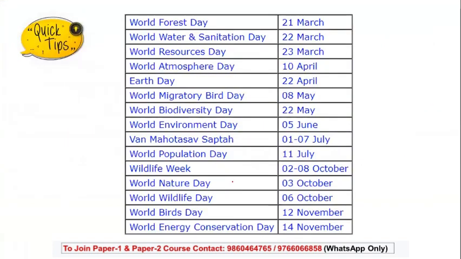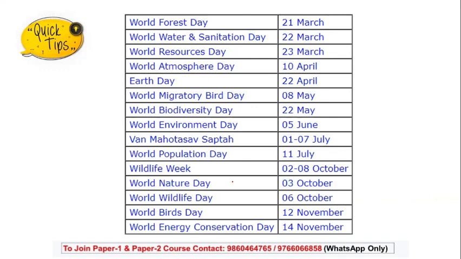Then now we have the list of days. There are various days, because many times questions come on the recognition of the days. So World Forest Day, Water Day, Resource Day, Atmosphere Day, Earth Day, Migratory Day, Biodiversity Day, Environmental Day.